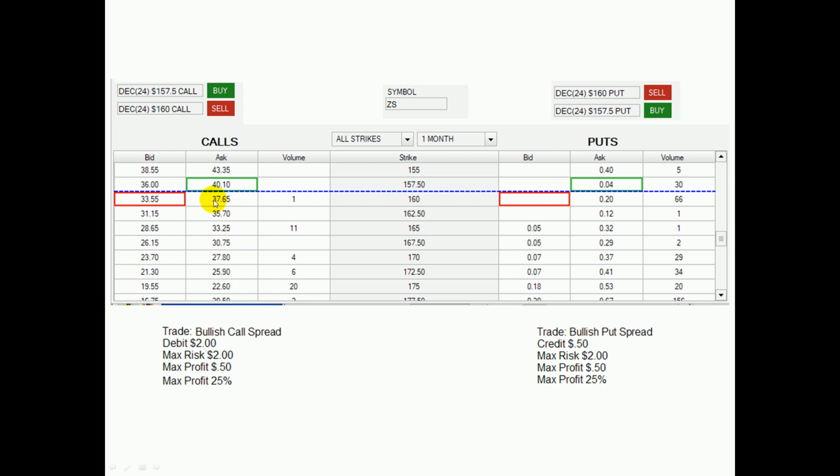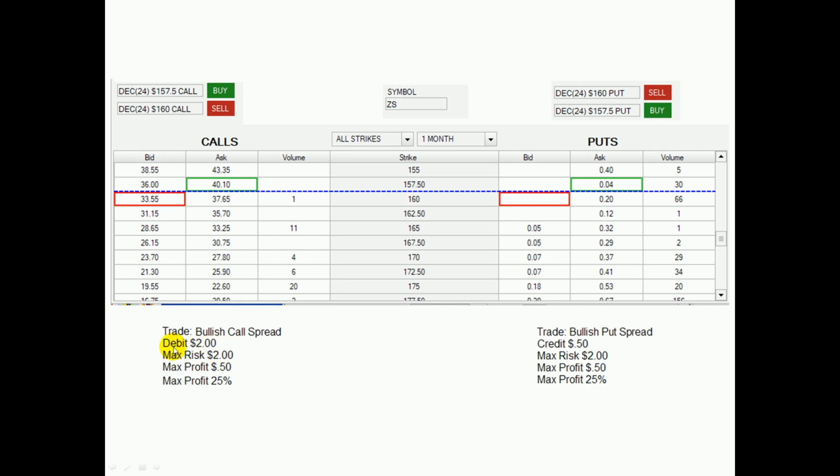We could buy a call debit spread. Now, if we were going to put this spread on, we would be paying a debit of $2 for it. There's $2.50 between the strike prices here. So our maximum profit on that would be $2.50, the difference between the strike prices, less the debit that we paid for the position, which was $2.